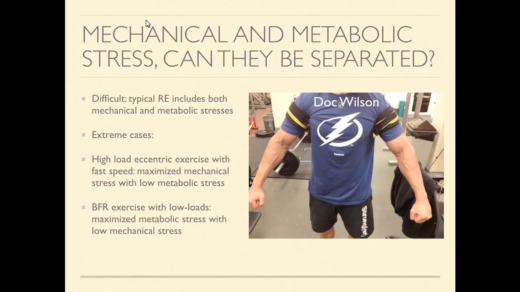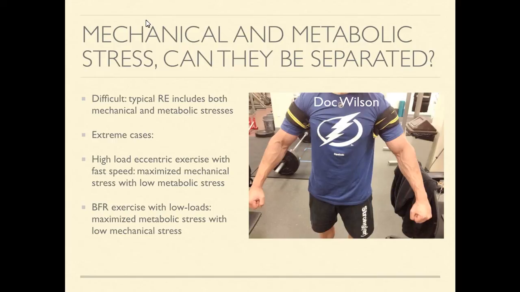All right, so let's talk about different ways that we can induce these. Can you actually tease out metabolic versus mechanical stress? Because oftentimes they're developed together. Well, in extreme cases, we can use high-load eccentric exercise with fast speed, so you have maximal mechanical stress but low metabolic stress. In those situations, we see clear hypertrophy.